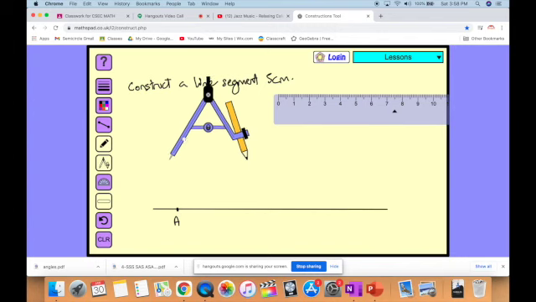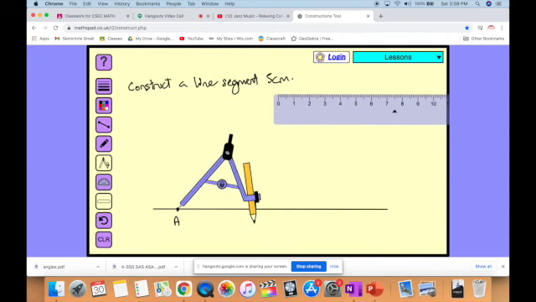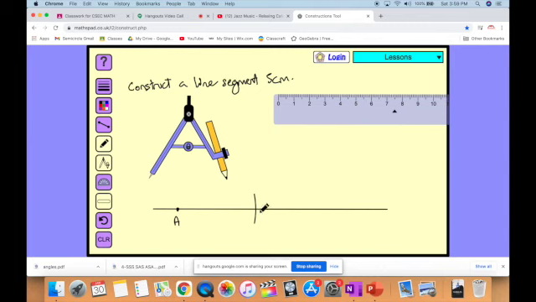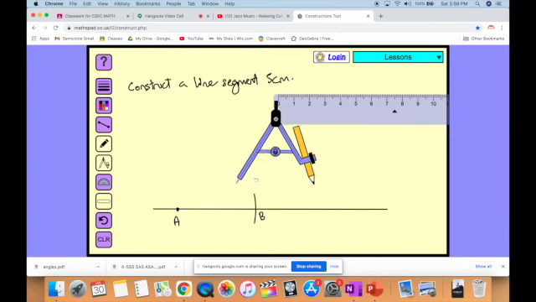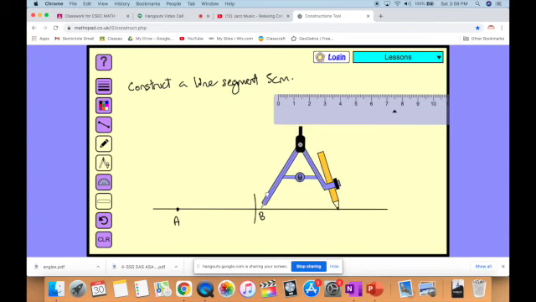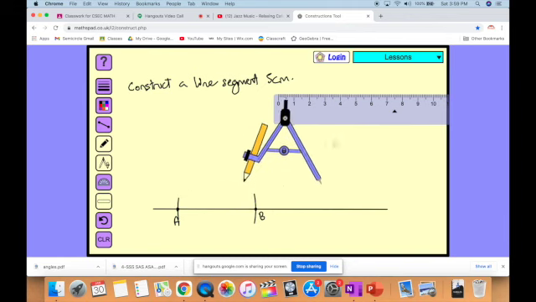Once the compass is open to 5 centimeters, you put it on the point A and draw an arc to cut your line like that. This will be point B. Then with the same opening, you put your compass on the point B and draw an arc across point A, just to make sure that the opening didn't change.